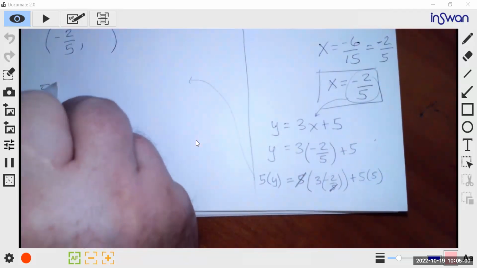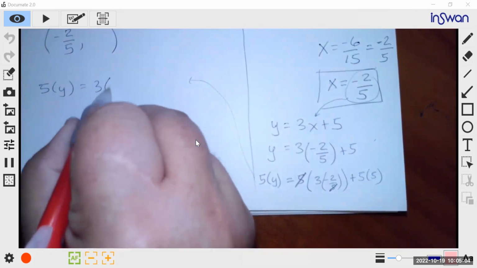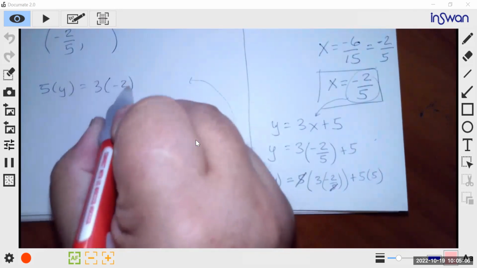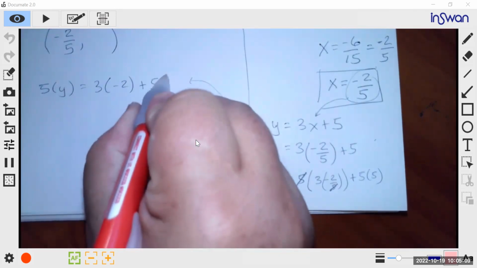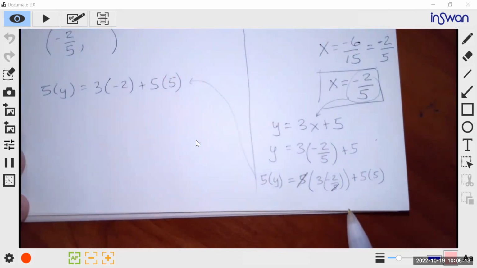So we have 5 times y equals 3 times negative 2 plus 5 times 5. All I did is got rid of the denominator.